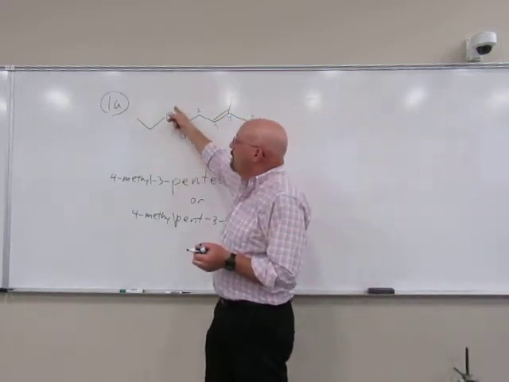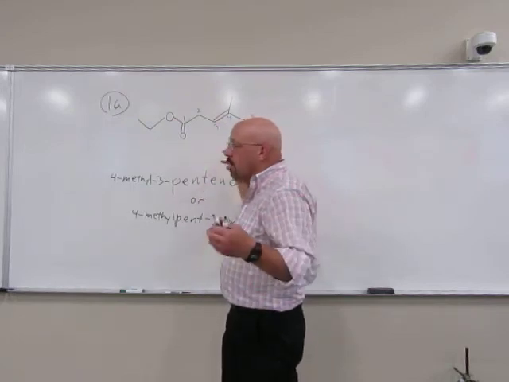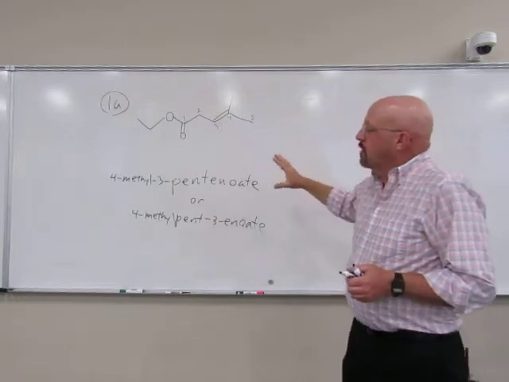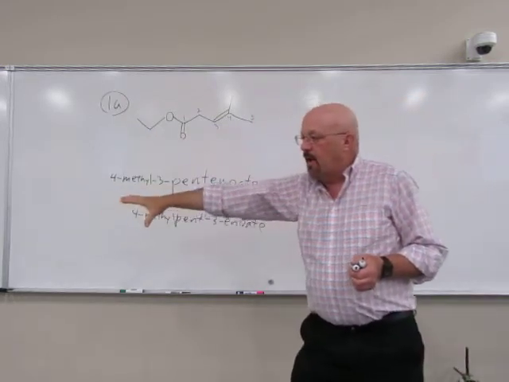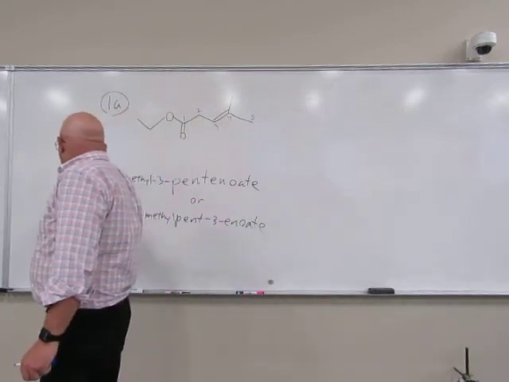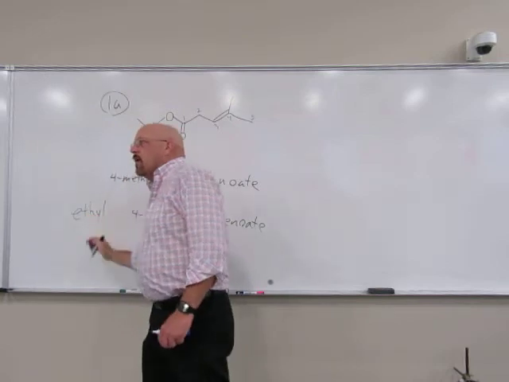This is derived from the alcohol. The rest of this is derived from the carboxylic acid to make the ester. So whatever is on the oxygen goes out in the very, very front of everything as a separate word. We have an ethyl group that goes out in the very front as a separate word.